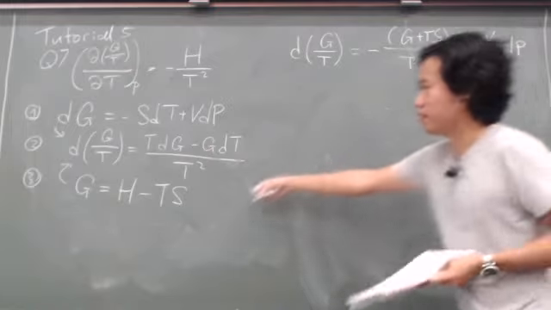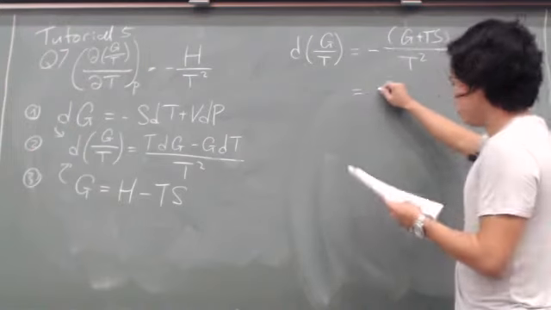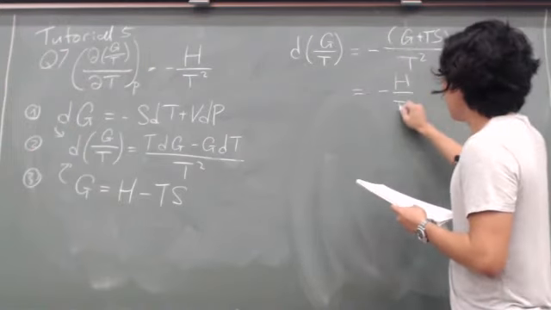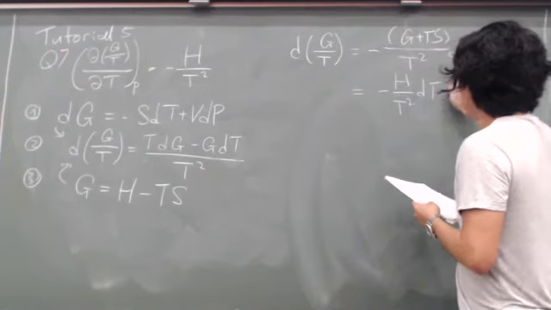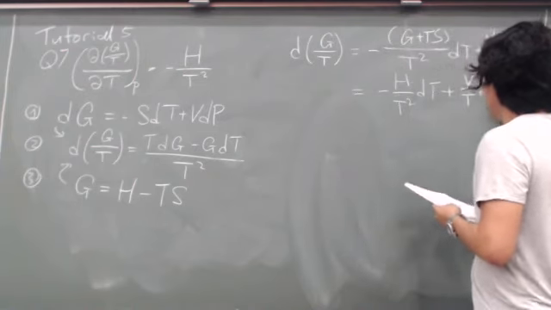And then using this as the enthalpy definition, you get minus H on T squared dT plus V on T dP.